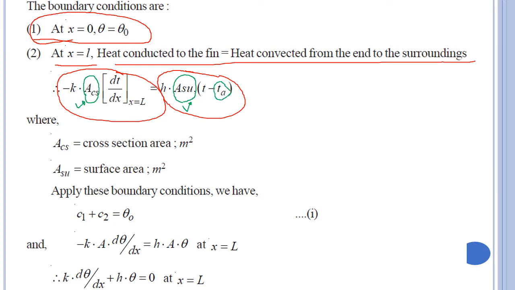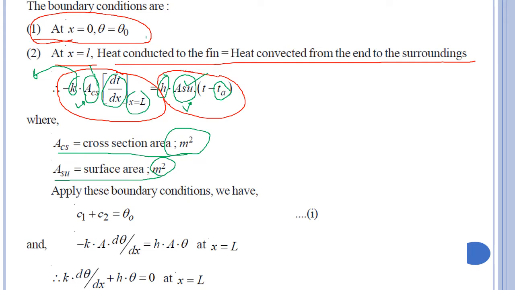Ta is the surrounding temperature, h is the convection heat transfer coefficient, A surface is the surface area, dT by dx is the temperature gradient at x equals to L distance, A cross-section is the cross-section area, and K is the thermal conductivity of the fin material. Here ACS is the cross-section area, unit is meter square, and A surface is the surface area, unit is meter square.